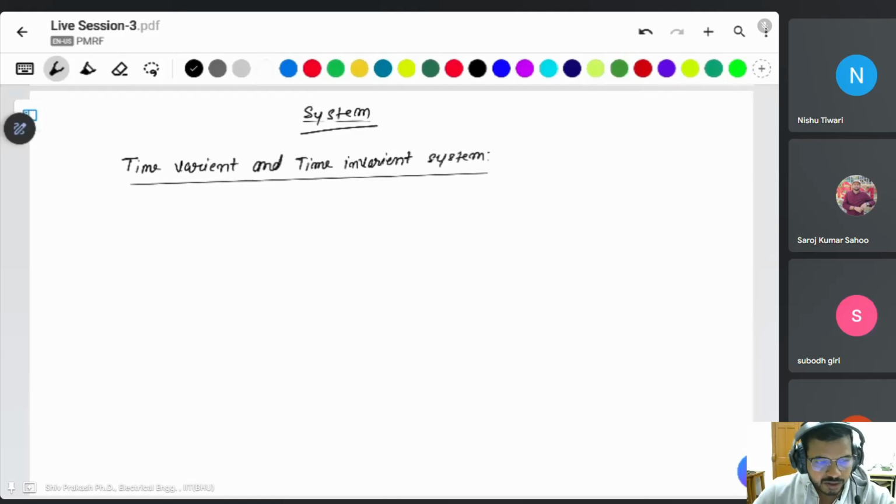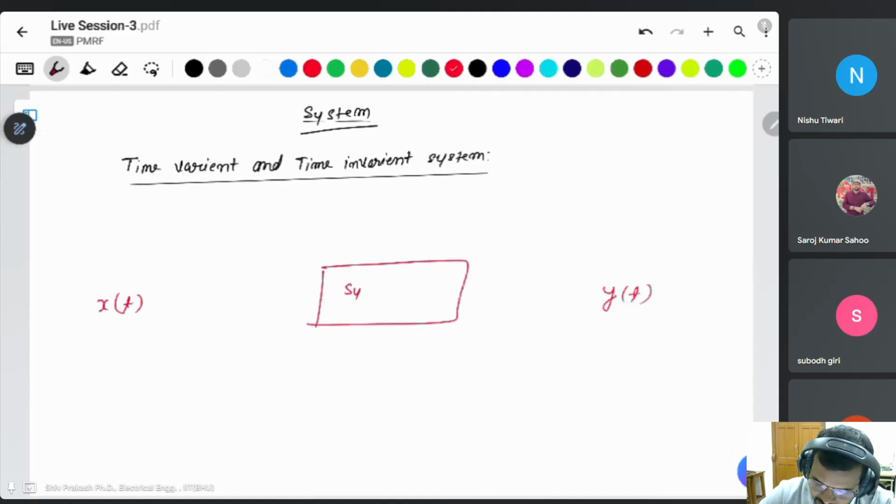Okay, let's see how to check whether a system is time varying or time invariant. Think about your input is x(t), then you have some output y(t), and there is a system between them. There are two conditions.